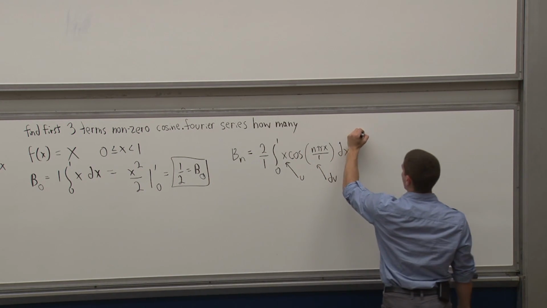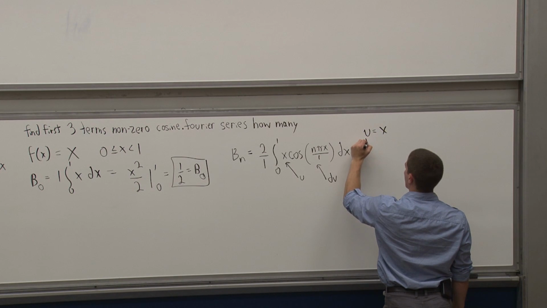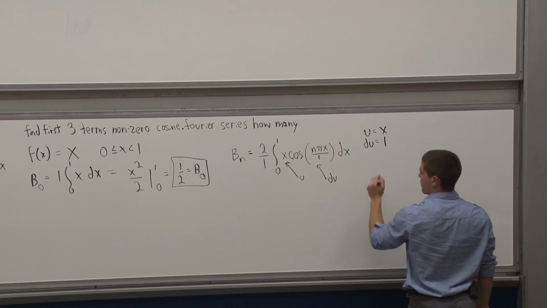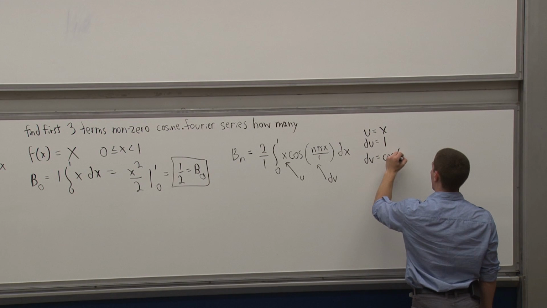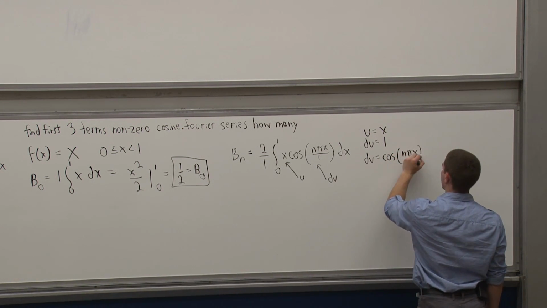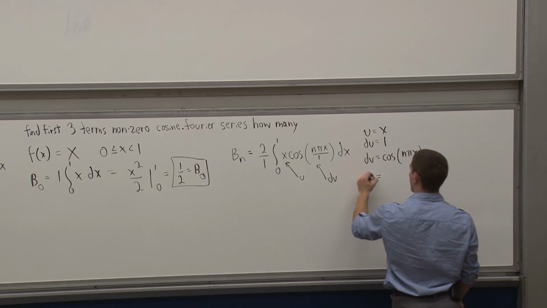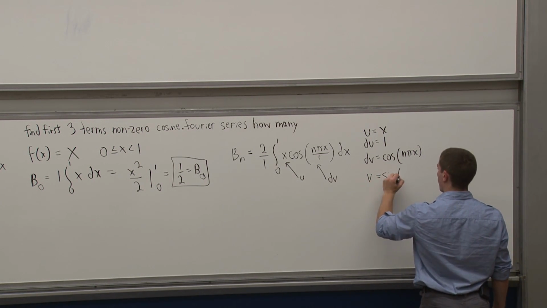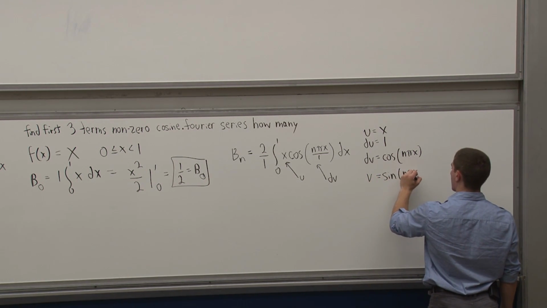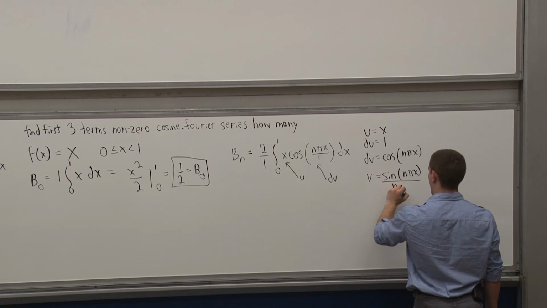So I'm going to write that right here. u equals x, du equals 1, because that's the derivative. dv equals cosine of n pi x, and then v is the integral of dv, which is sine of n pi x over n pi.